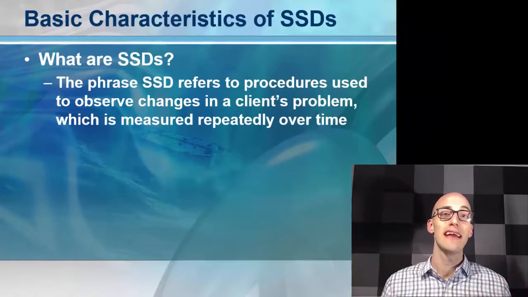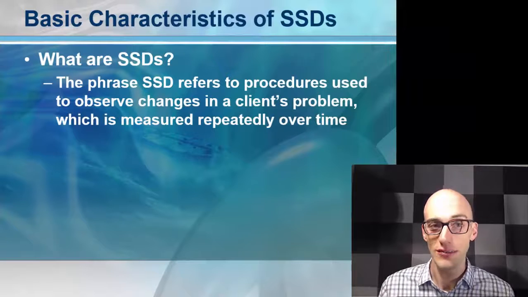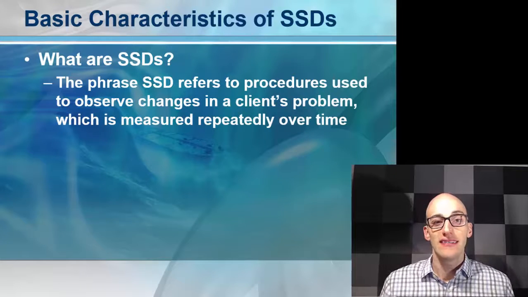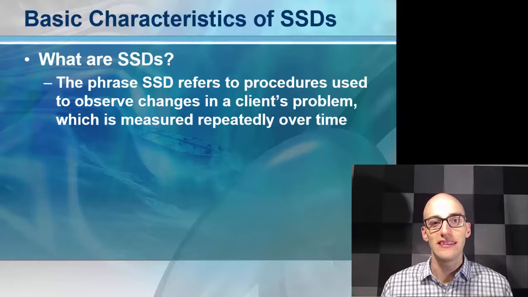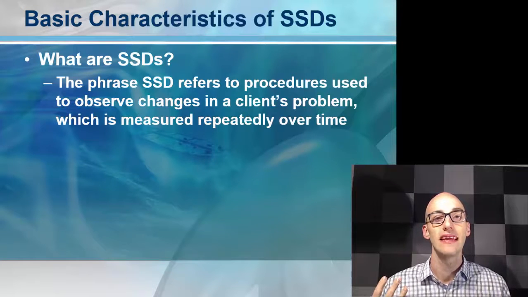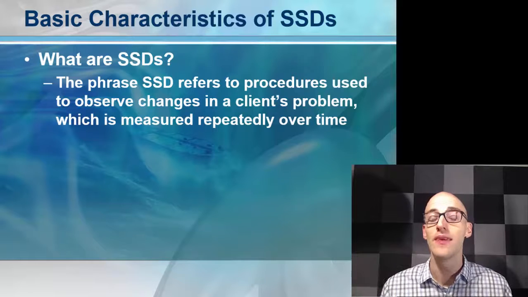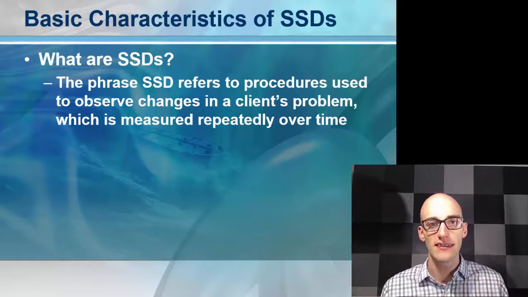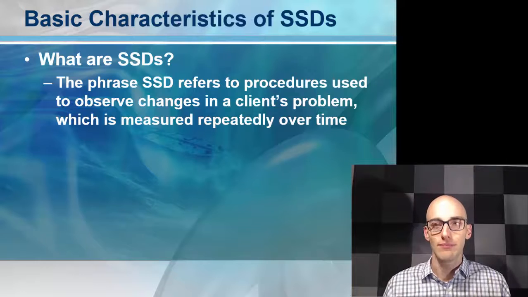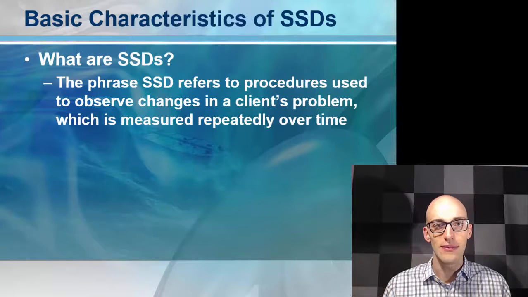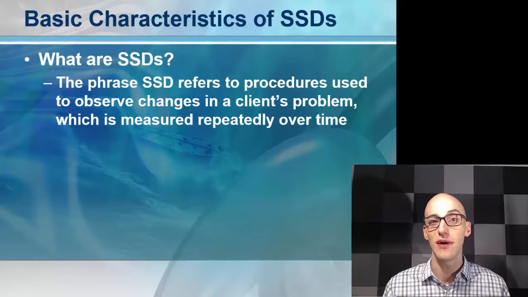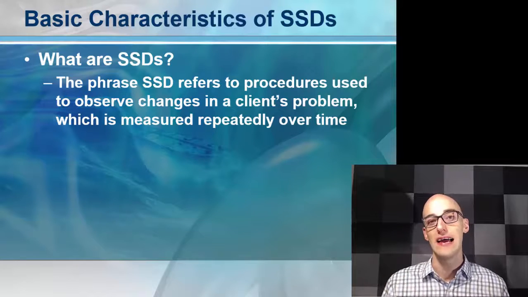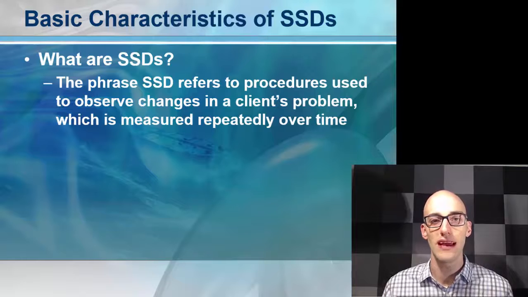All right, so at a real basic level, what exactly are single system designs? Single system designs are essentially procedures used to observe a change in a client's problem with the same type of measurement repeated over time. So as opposed to experimental designs where you might have read research about somebody having one intervention implemented and seeing how somebody's responding to maybe a one-time intervention or a one-time model.